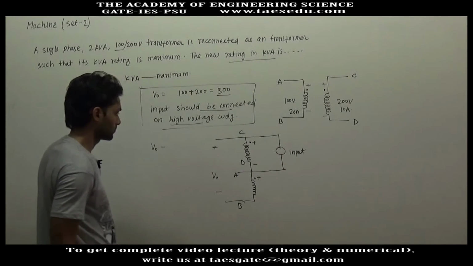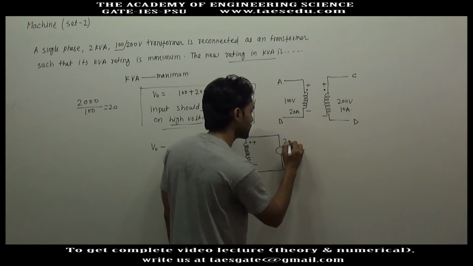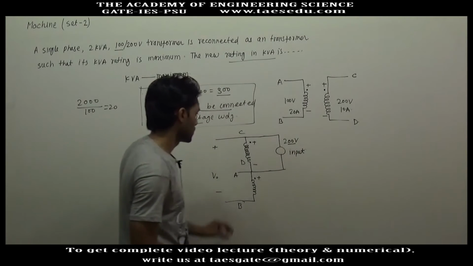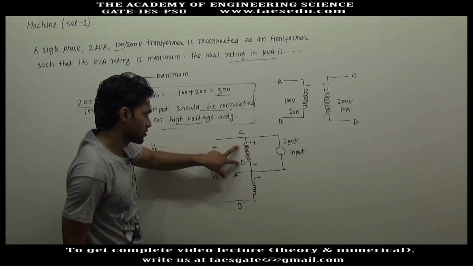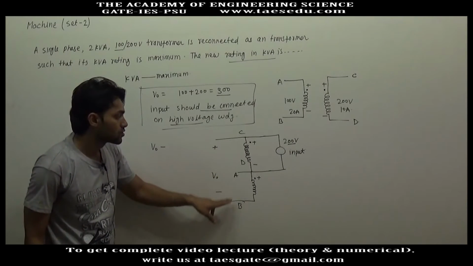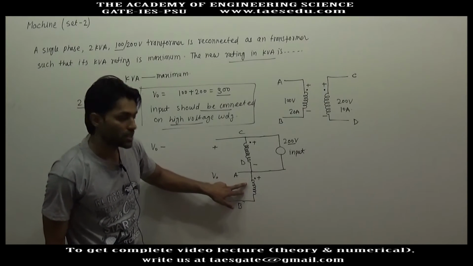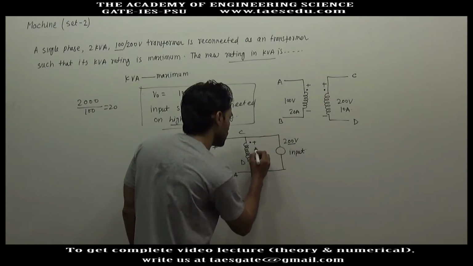This is input, and we have to find out the rating. So for rating, connect maximum input voltage 200 volt. So voltage across this winding is 200 volt, and these two windings are magnetically coupled. So the induced voltage in the secondary winding will be according to turn ratio.